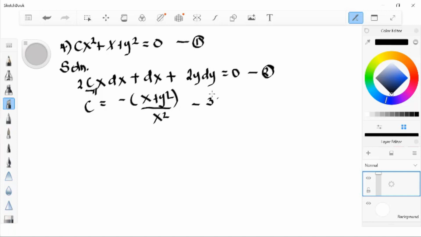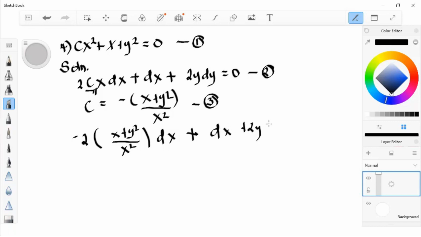We mark this as equation 3, and we plug equation 3 inside equation 2 because we must substitute the value for c in order to eliminate c in equation 2. Therefore, that will become 2 times negative x plus y squared over x squared dx plus dx plus 2y dy is equal to 0.